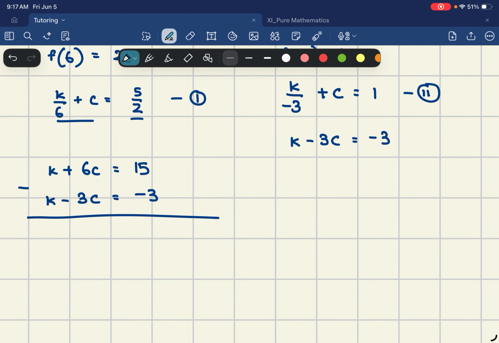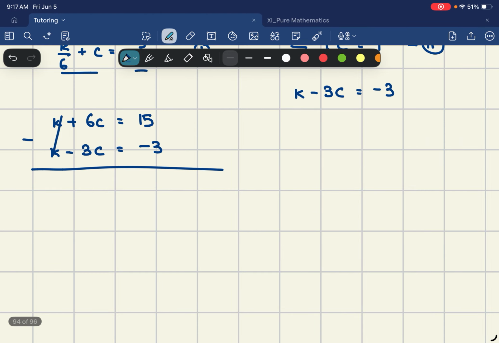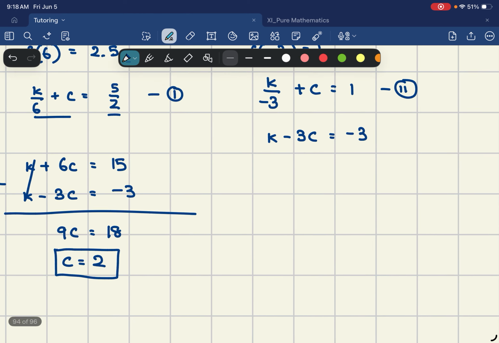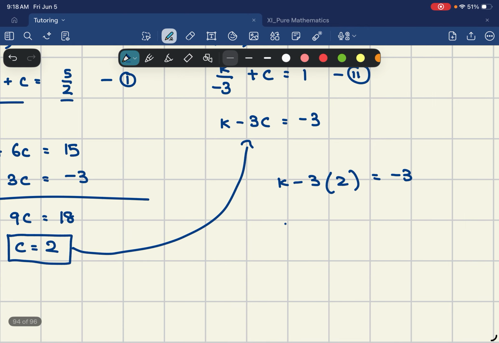If I subtract the two equations, k minus k cancels out. 6c minus of minus 3c is going to be 9c. 15 minus of minus 3 is going to give me 18. So c is going to be 2. Now I can just substitute this here: k minus 3 times 2 is negative 3, so k minus 6 is negative 3.